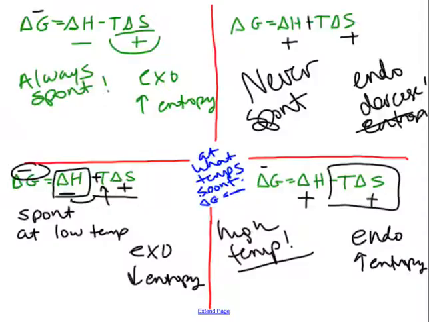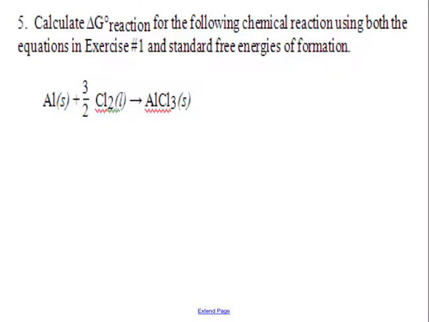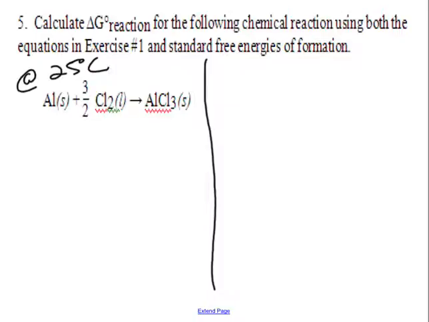Okay, so moving onward. Number 5 says calculate delta G for the reaction using, this came from exercise number 1. You all have to flip back and help us find numbers, where we're going to do it 2 different ways. We're going to use Big Mama, and we're just going to say at 25 degrees Celsius. And then we're going to do it again using Ghetto Homies.